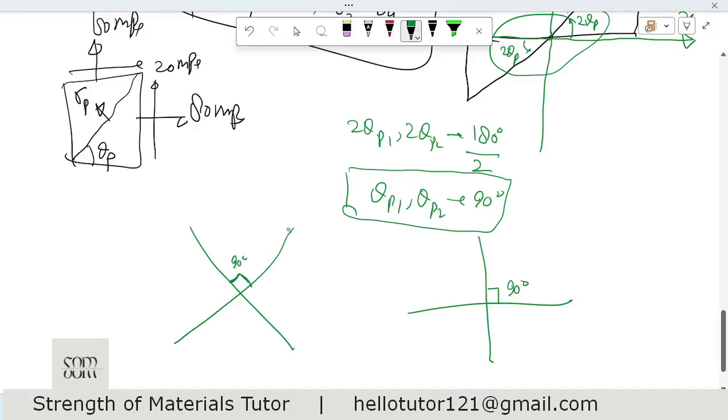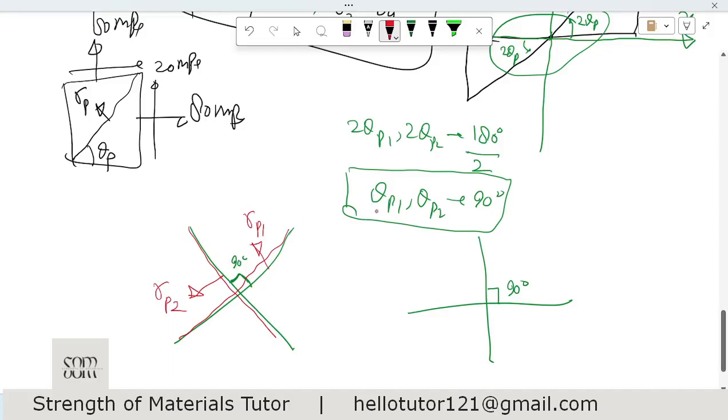So if this is the plane where we have the principal stress 1, or the maximum principal stress, then there will exist another complementary plane at an angle of 90 degrees. If we have sigma p1 at this plane, here is going to be sigma p2, and the angle between these principal planes is 90 degrees.